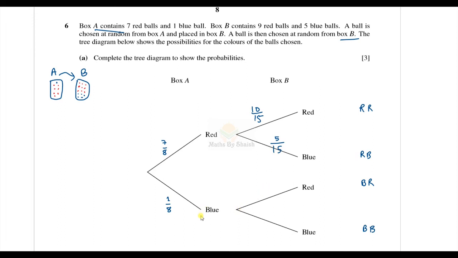And when a blue ball is placed in box B, the red balls in box B are of course still the same, so 9 over 15, and the blue balls increase, so it is 6 over 15. So this is the tree diagram. I hope it is easy and clear to you.